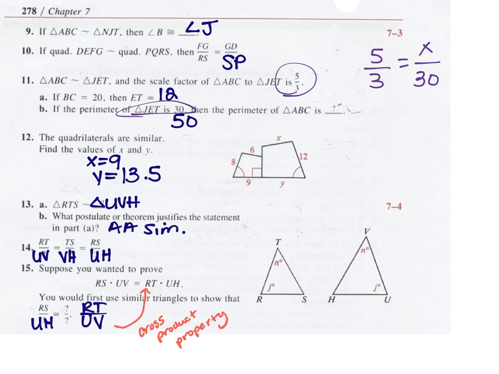So if you were to use this in a proof, that would be that next step. This would be the definition of similar triangles, because if they're similar triangles, then the sides are proportional. And then that next step where you actually cross multiply would be the cross product property. So you always want to think, in terms of proofs, what would that look like?